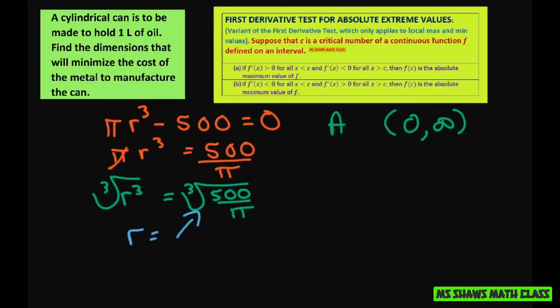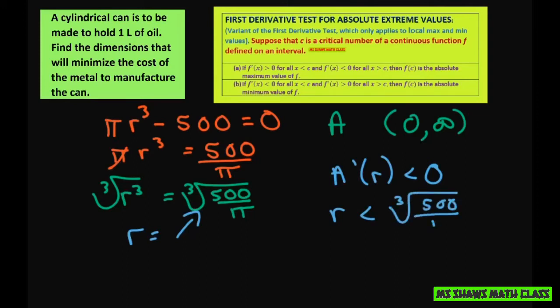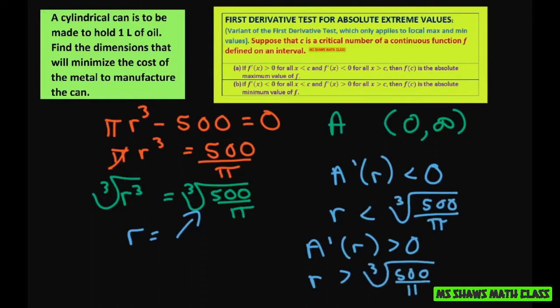We have to observe that A prime of r is negative when r is less than the cube root of 500 divided by pi, and A prime of r is positive when r is greater than the cube root of 500 divided by pi.